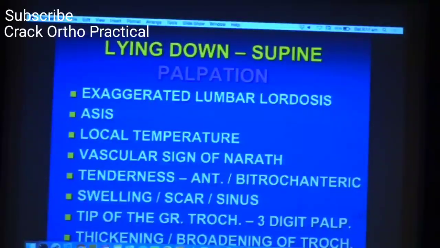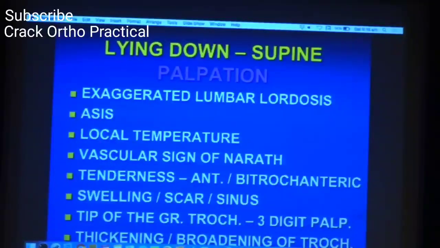See whether he winces or not. This point, 2 centimeters distal and lateral, is chosen because if you look at the hip joint, the head of the femur is deeply seated into the acetabulum, and there is no way that you can palpate the head. So this point corresponds to the extra-acetabular part of the head of the femur, not the neck of the femur, because there may be a medial migration there.